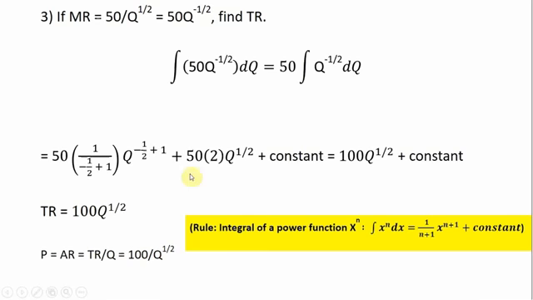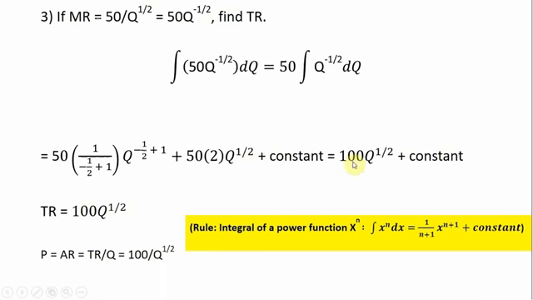So we get minus 1/2 plus 1 in the denominator. And then we're going to take q and raise it to the n plus 1 power. So n is again minus 1/2 plus 1. Simplifying all of that, 1 divided by 1/2 is just 2. And minus 1/2 plus 1 leaves us with 1/2 here in the power.